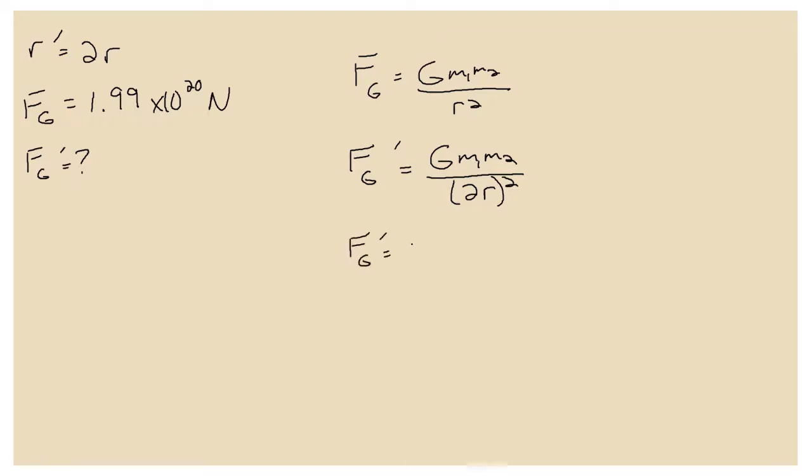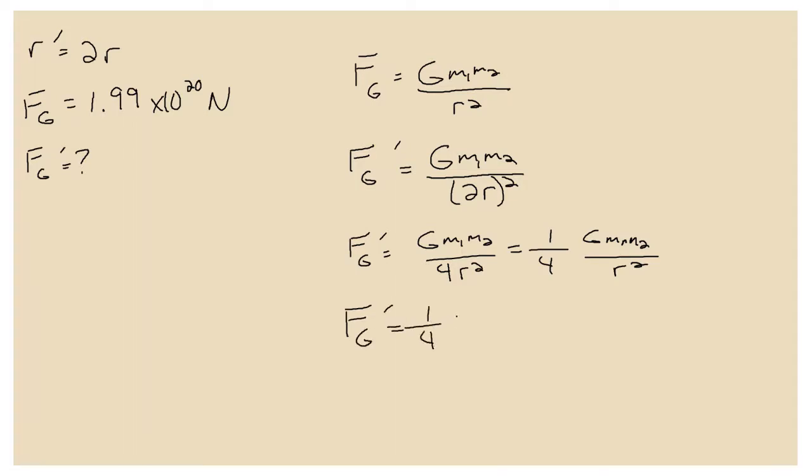That gives us Fg prime equals G m1 m2 over 4r squared, right? Because 2r times 2r is 4r squared. And then we simply rewrite this by pulling the whole numbers out on the outside. So we pull out a 1 from the top, a 4 from the bottom, and that means Fg prime is 1/4 of Fg.